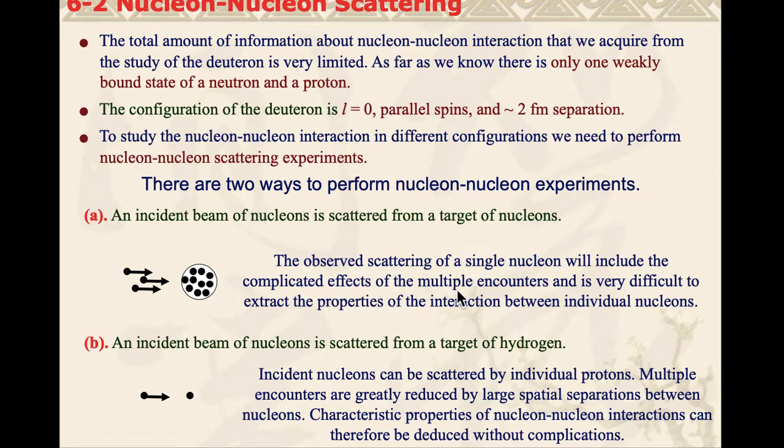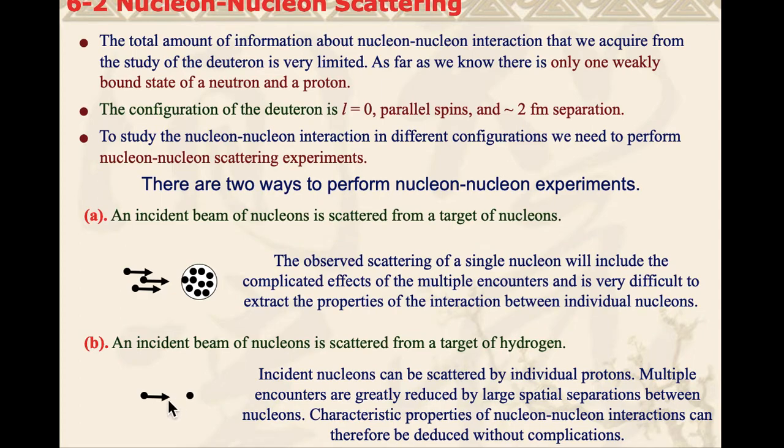The observed scattering of a single nucleon will include the complicated effects of multiple encounters and it is very difficult to extract the properties of interaction between individual nucleons. Because, for example, if you consider a single nucleon here, it can interact with all these nucleons. So the result will be the combined effect or the algebraic sum. So such a case is not possible.